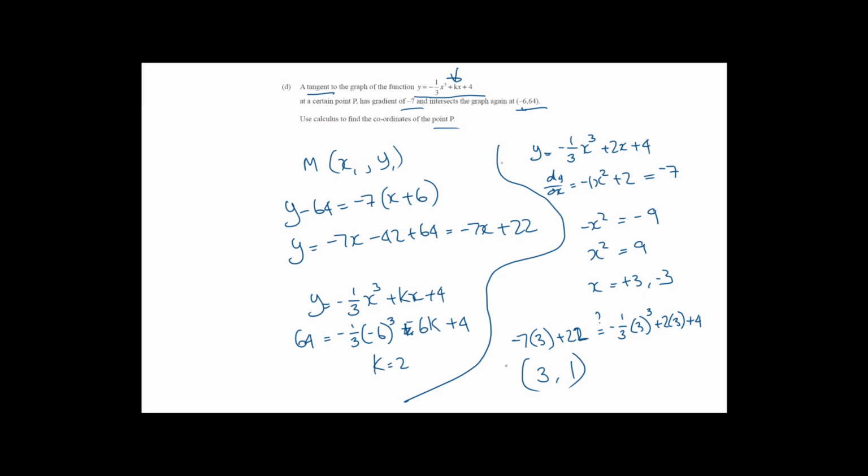So we want the other one though. And the other one was at negative 3, 64. So P is at negative 3, 64. I guess we'd need to use calculus, but you don't really need to use calculus for that. Oh, okay. All right, well, that's the end of that test.